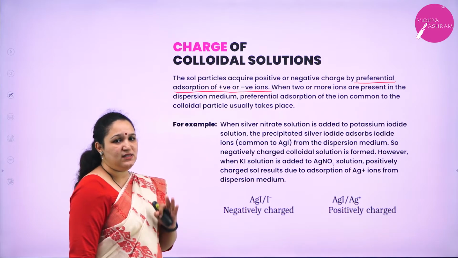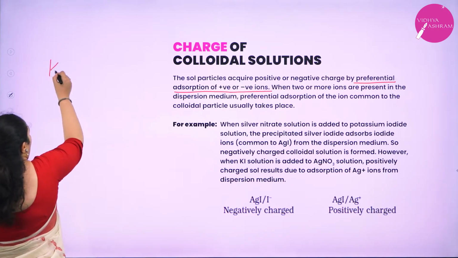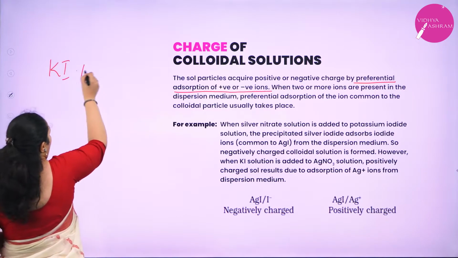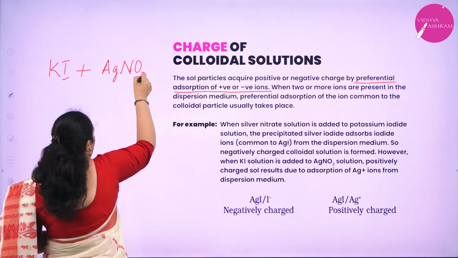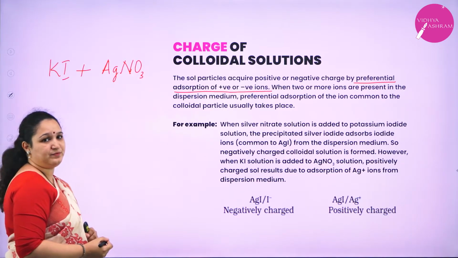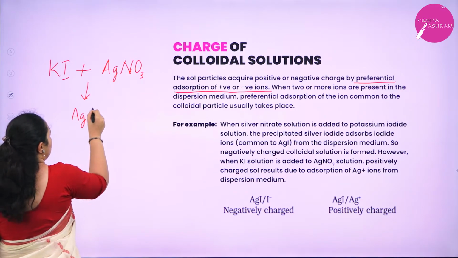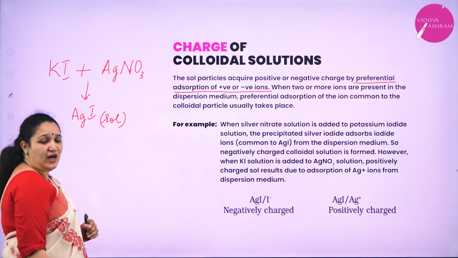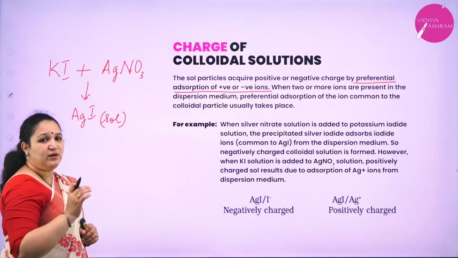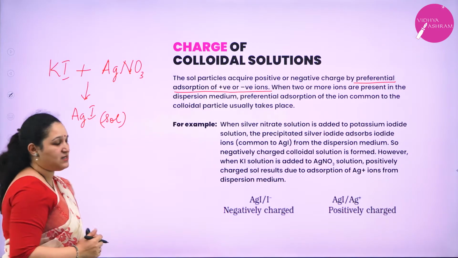To understand this, I shall explain with an example. If I take potassium iodide and mix it with silver nitrate, we will get silver iodide salt. The charge on silver iodide completely depends on which electrolyte you have taken in excess.